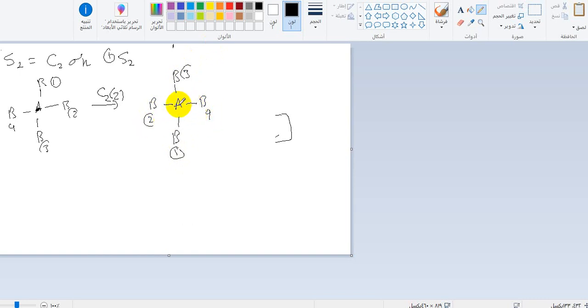This is C2. And sigma h, we have sigma h on the same level.